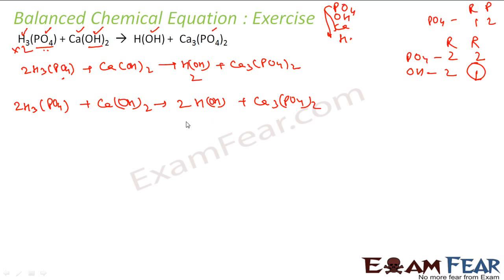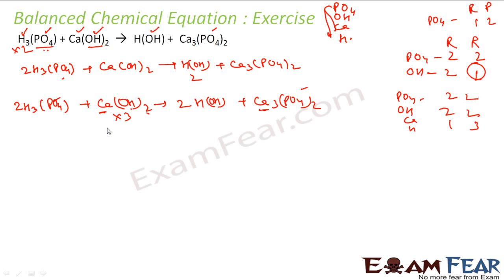plus Ca3PO4. Correct. Now again see PO4, OH, Ca and H. So PO4 part, if you see, 2 both sides. OH part there is 2 here. Calcium part is 1 calcium here, there is 3 calcium here. Right? 1 we have 3.